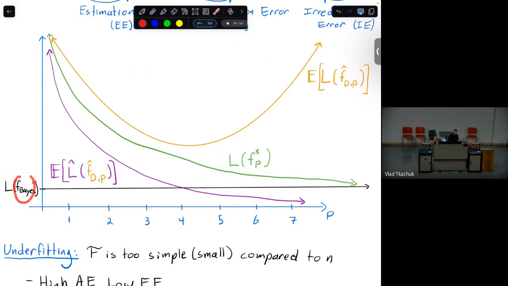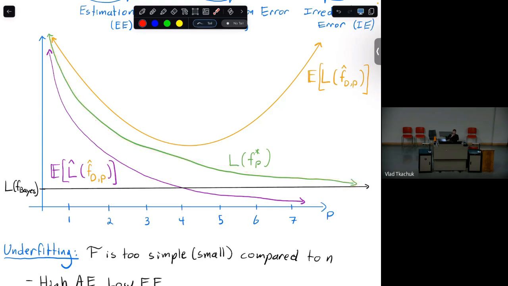This is the best function regardless of your function class. It literally has the choice of all functions, so it's just the fixed best thing you could ever imagine. The expected loss of f star of p is getting smaller and smaller. It's fitting the data better, and the true expected data distribution better and better, as p gets larger. That just means the function class gets bigger. So that's exactly what we see here.